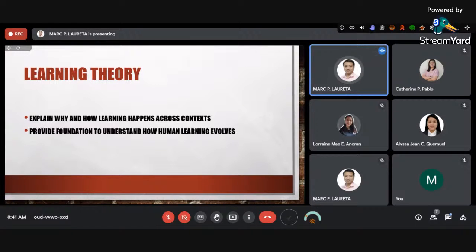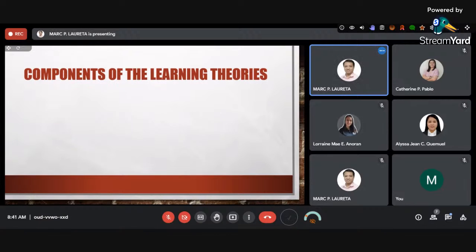Learning theories provide conceptual and empirical frameworks for instructional design and its adaptation and advancement. So basically, we can see learning theories as a constantly evolving foundation to inform the best practices of instructional design.